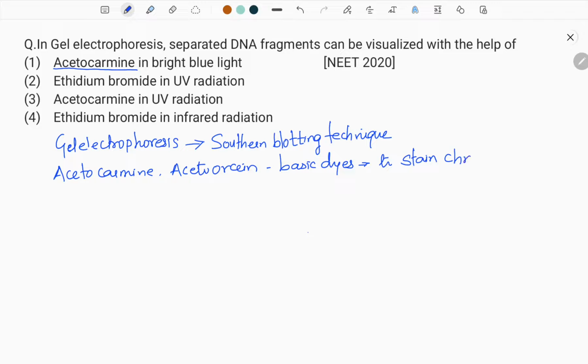We know chromosomes: chromo means colored, some means body. So colored bodies. How do they get colored? Because they are stained by the basic dyes acetocarmine and aceto-orcein. When they are stained, they appear red in color. So red colored bodies which are elongated rod-like structures are called chromosomes.